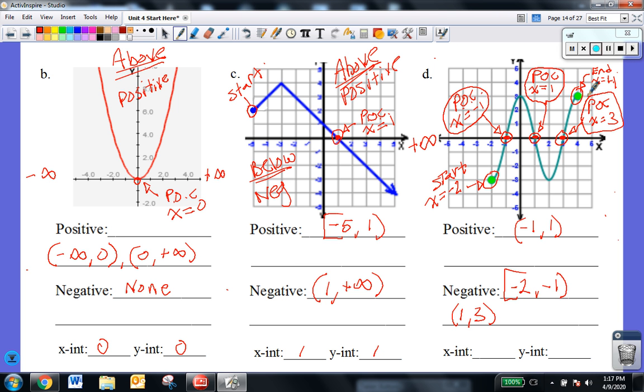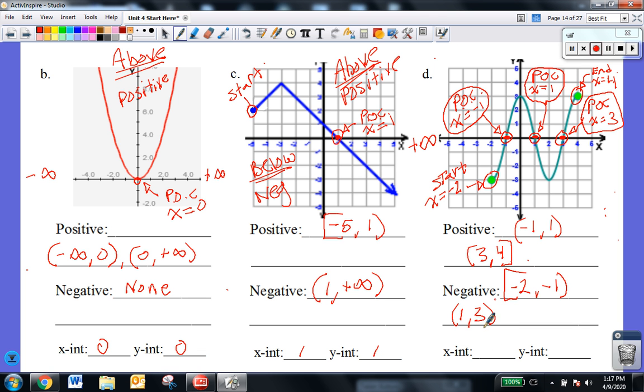So it's positive from 3 to 4. So we make another interval from 3 to 4. The 3 is a point of change, so points of change don't get the square bracket, they get the round bracket. But the 4 here has a full dot, so that's going to get a square bracket. And that is our positive and negative intervals.